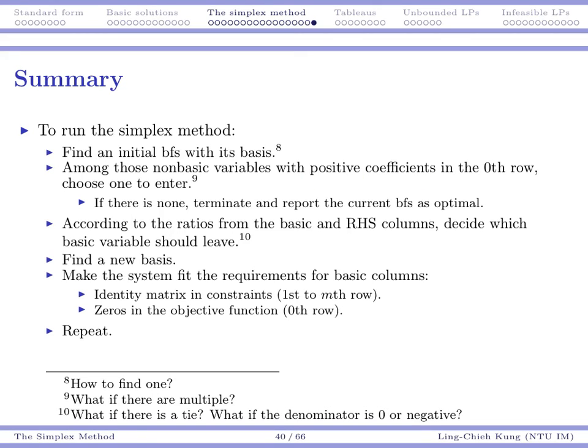That means you are trying to decrease your objective value. Okay? If you have a positive coefficient, then when you increase that variable, your z value would decrease. So this is valid when you want to solve a minimization problem.